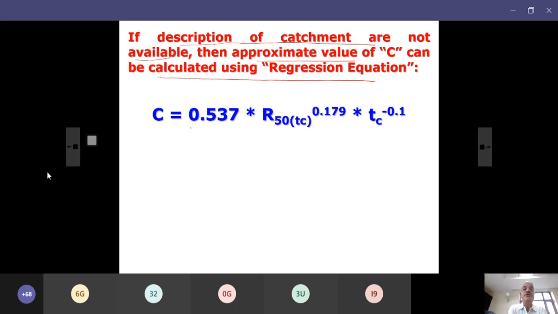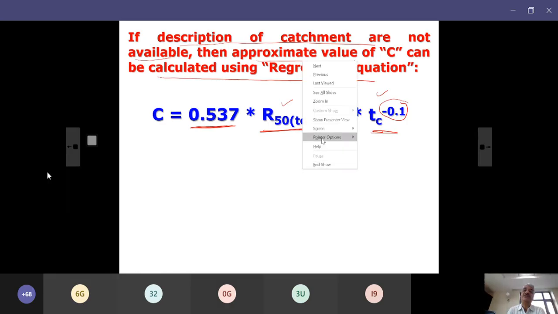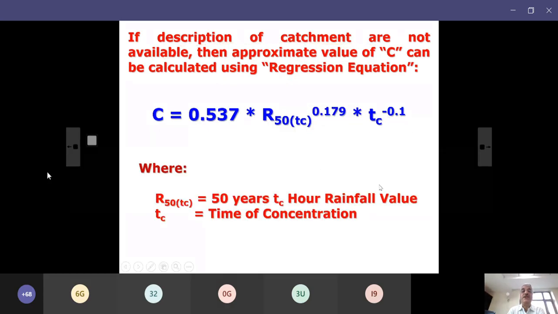There C is given as 0.537 R50 TC to the power 0.179 into TC to the power minus 0.1. So now you can calculate by this also, but for that you will need R50 TC value. From where to get R50 24, तो हम figure 1 से ले लेते हैं. R50 TC कैसे निकालेंगे, and TC, how we will get TC and what is TC. So this will be required.